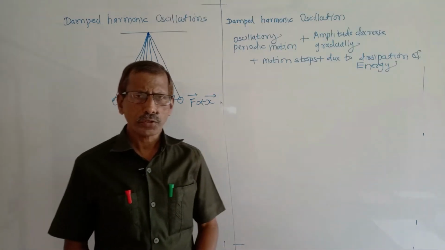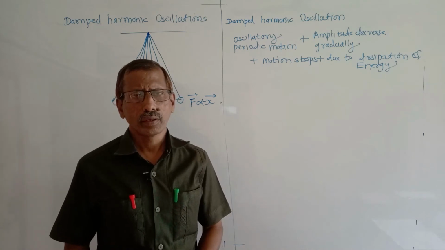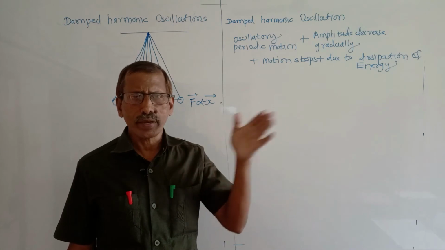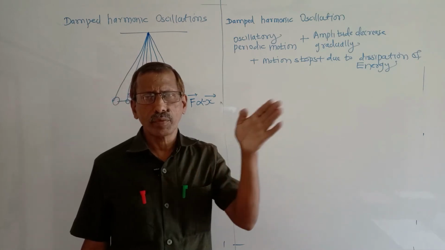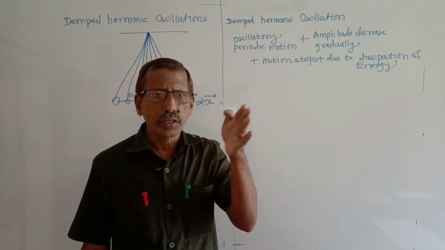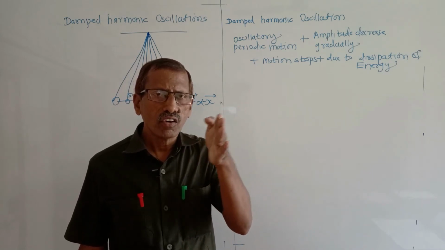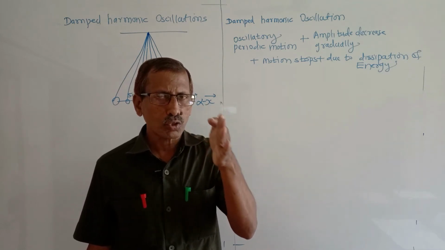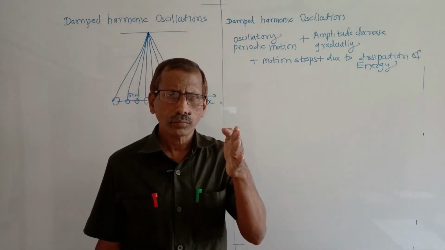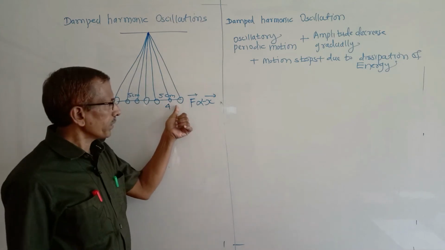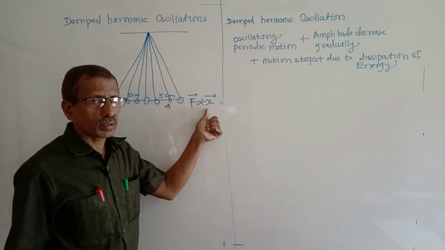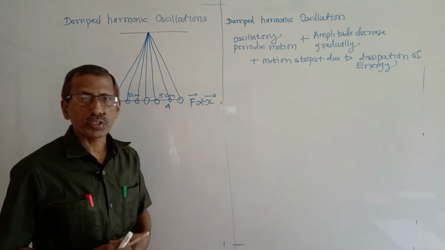So dear students, we already studied that when a bob performs oscillatory motion about its mean position, the amplitude of oscillation goes on decreasing and finally the oscillation stops. What does it indicate? When amplitude or displacement is large, restoring force is also large.